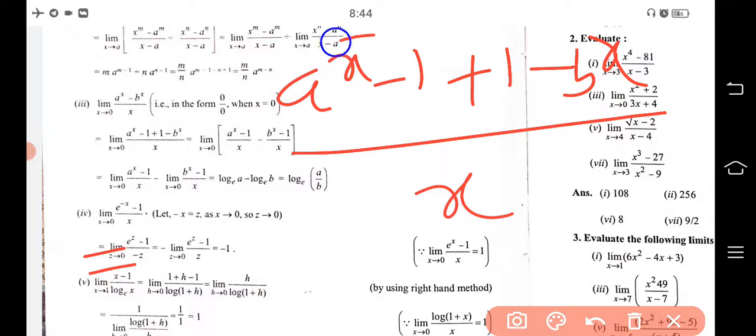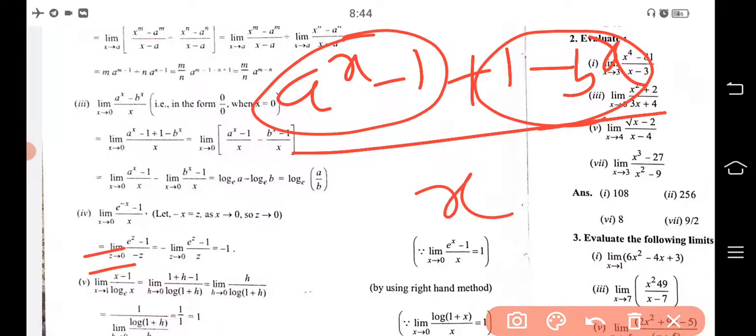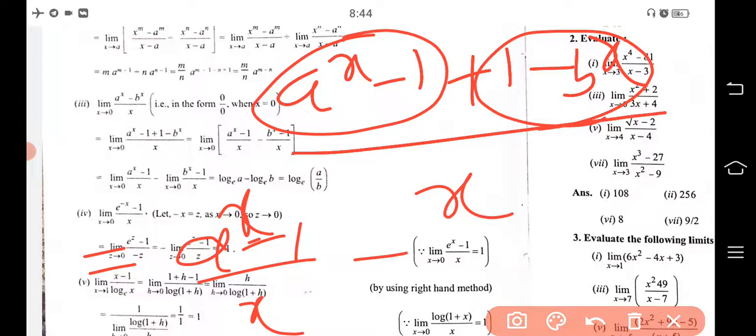Now you separate each term and write each term separately. Then what will happen? (a to the power x minus 1) divided by x plus (1 minus b to the power x) divided by x.